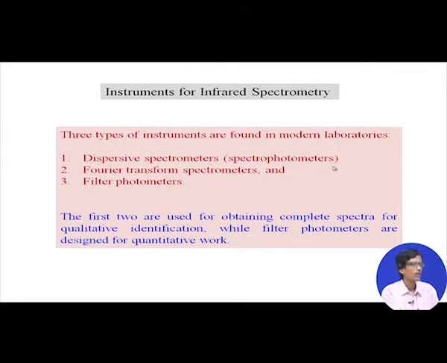Then we can have Fourier transform spectrometers, we call FTIR spectrometers, and another one is simple filter photometers utilizing IR radiation. So, the first two are very useful ones. In these two cases, we use them for complete spectra for qualitative identification, while the filter photometers are designed for quantitative work.